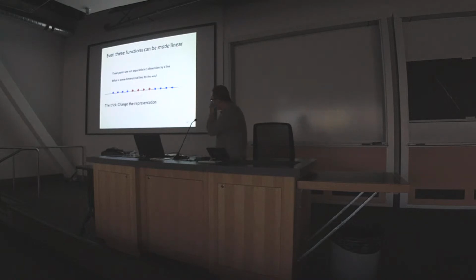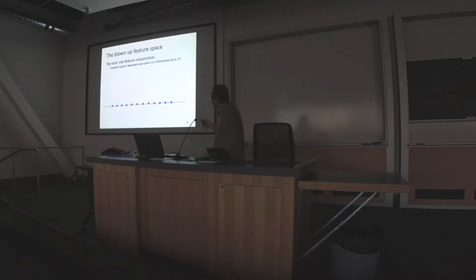A trick is to change the representation. Now that in the original feature space I cannot find a good line to separate them, why not augment the features? Now I want to represent each data point in a 2-dimensional space. The first feature is the same as the original feature, just x.